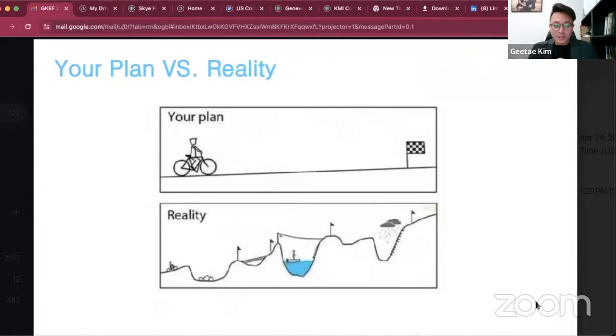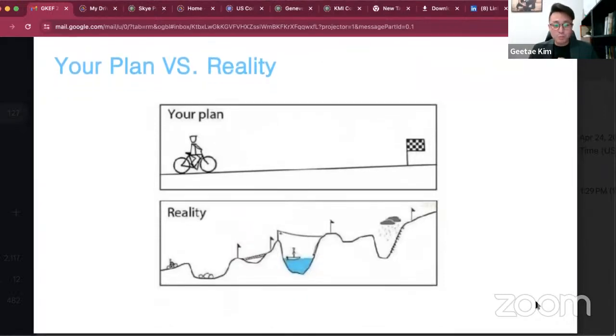But the reality looks like this, right? You're going to have not just one, but many death valleys. Personally, I think I've had at least 5 death valleys, meaning you have basically no capital and you're about to really fail as a company.